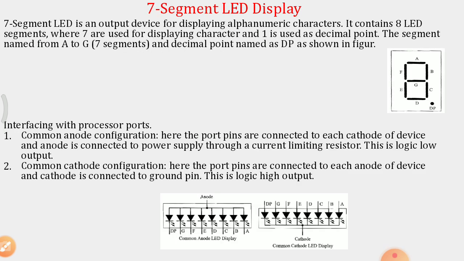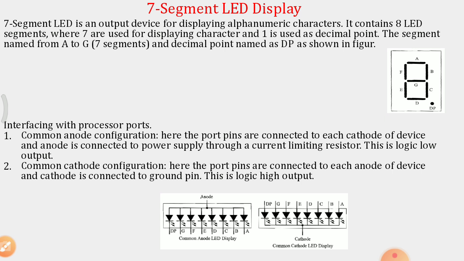Next we'll go for a 7-segment LED display. Basically this 7-segment display is used to display alphanumeric characters. It is an output device for displaying alphanumeric characters, and it contains 8 LED segments, where 7 segments are used for displaying a character and 1 segment is used for the decimal point.